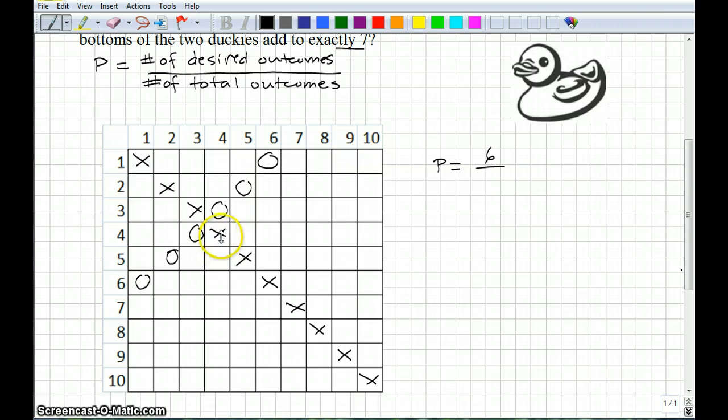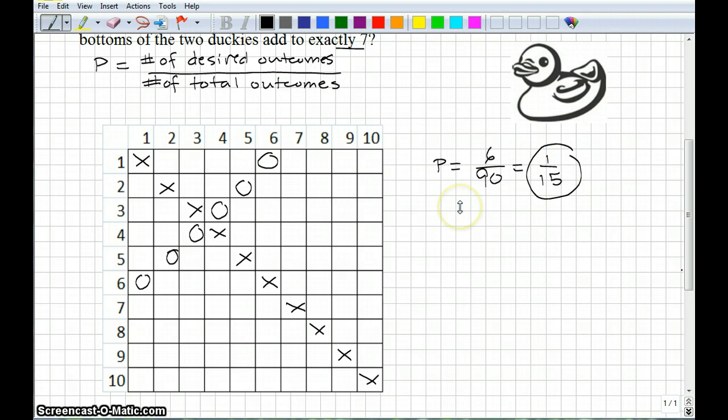So if you take this 10 by 10, which would be 100 possibilities, and take out the ones that aren't possible, which are the 1 and 1, 2 and 2, and so on, there are 10 of these, so you actually have 90 total possibilities for the two ducks. You have 6 ways to make 7 and 90 possible ways to choose the ducks. If you reduce that down, you get 1 over 15. And that's the answer.